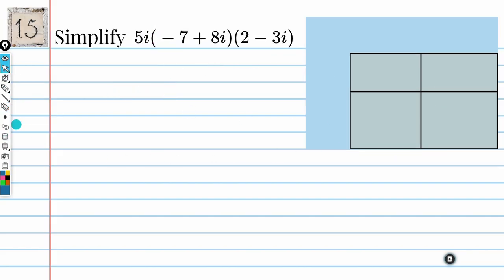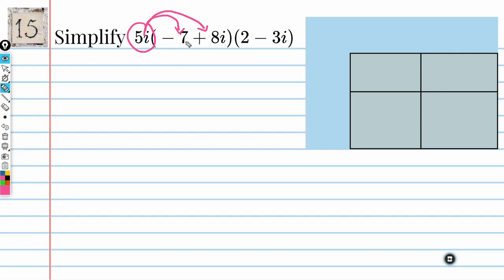Number 15, instead of a real number in front of that first parenthesis, we have an imaginary number in front of that first parenthesis. So we're going to distribute that 5i through to that first complex number of negative 7 plus 8i. When we multiply by an imaginary, you're going to have to work with simplifying the parenthesis before you go further.